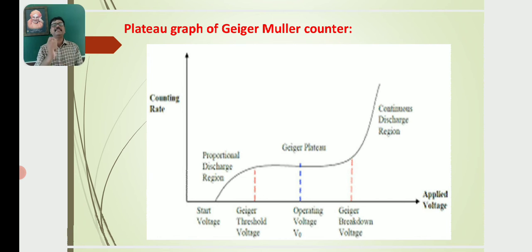So now we discuss the Plateau graph of the Geiger-Müller counter. If you plot a graph of counting rate versus applied voltage, the graph obtained is known as the Plateau graph. Starting from zero voltage, initially the count rate is equal to 0.